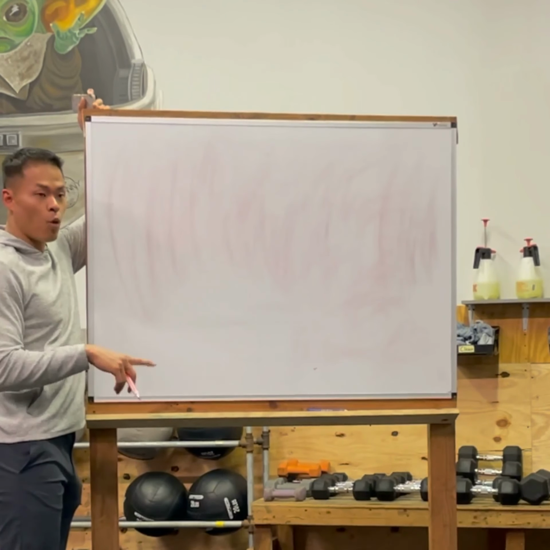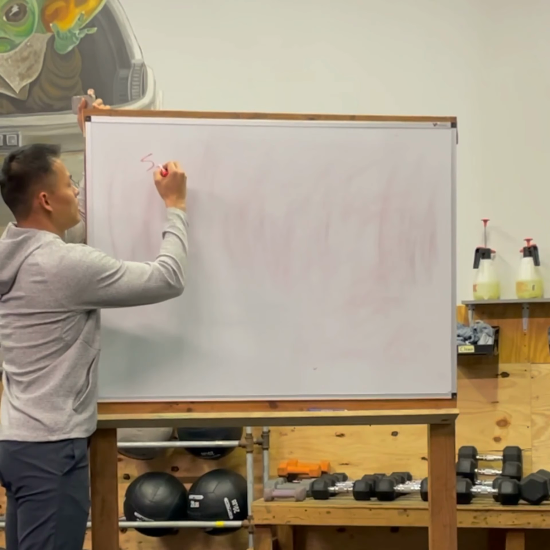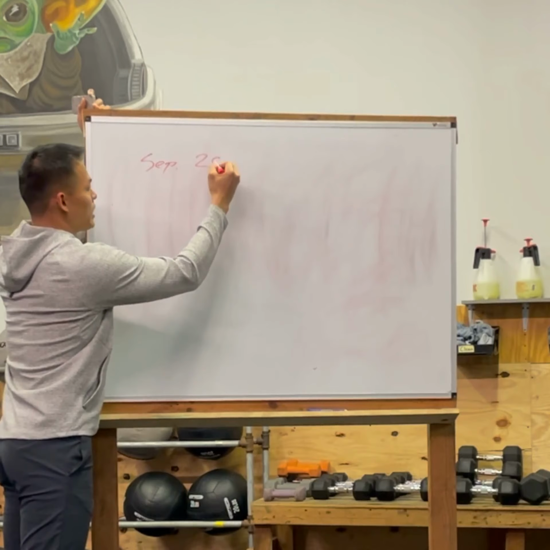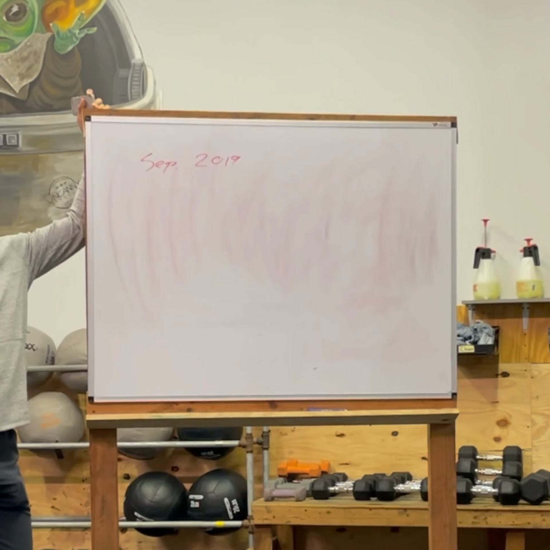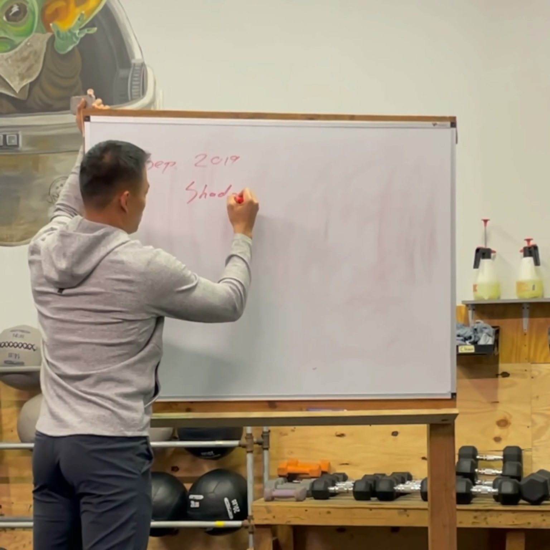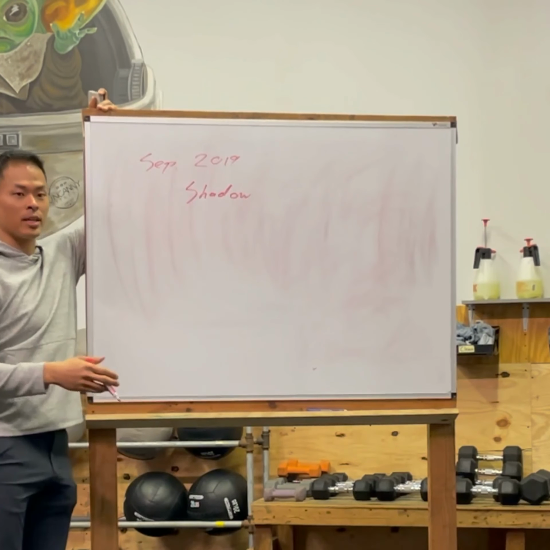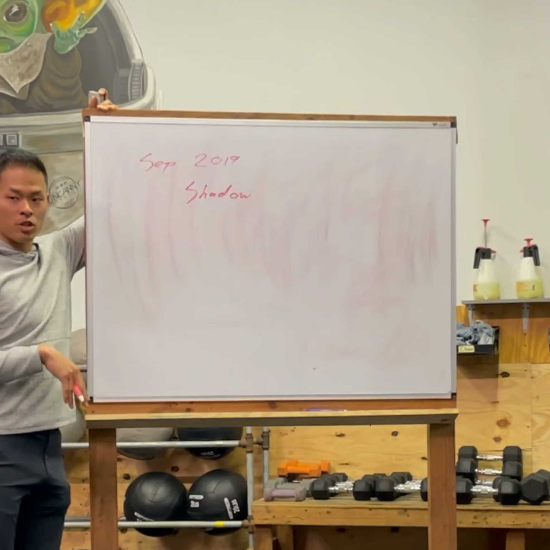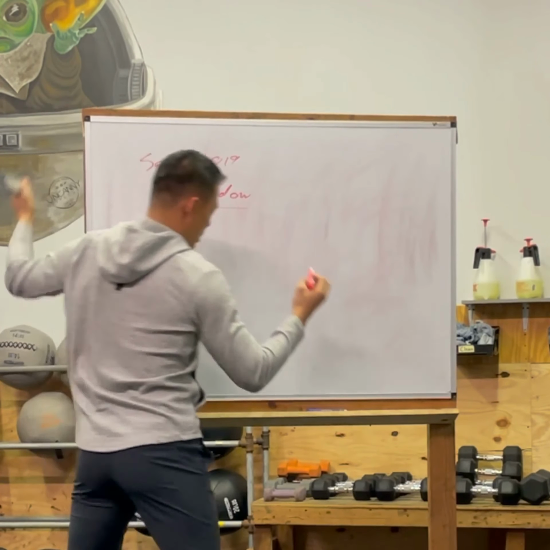So QE4, which is where we're in, started in September 2019. The liquidity in the shadow banking system dried up. It sounds shady, and it's supposed to, but shadow banking is basically financial institutions that aren't regulated like actual commercial banks.